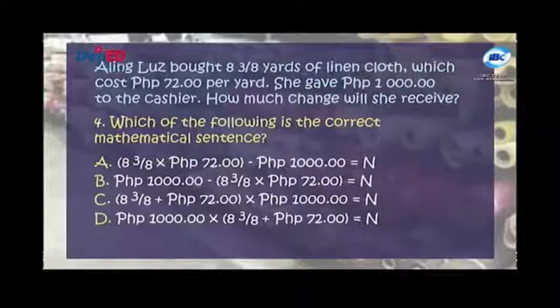A. The group of 8 3/8 times 72 pesos minus 1,000 pesos equals N. B. 1,000 pesos minus the group of 8 3/8 times 72 pesos equals N. C. 8 3/8 plus 72 pesos times 1,000 pesos equals N. Or letter D. 1,000 pesos times the group of 8 3/8 plus 72 pesos equals N.